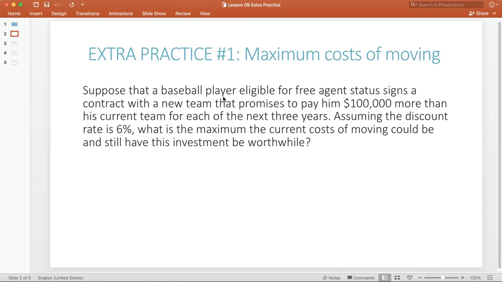So again, what we've seen already a couple times with net present value is some kind of word problem that we have to figure out. As always, I'm going to just write out the given information. The new team is offering to pay him $100,000 more. It's for the next 3 years.